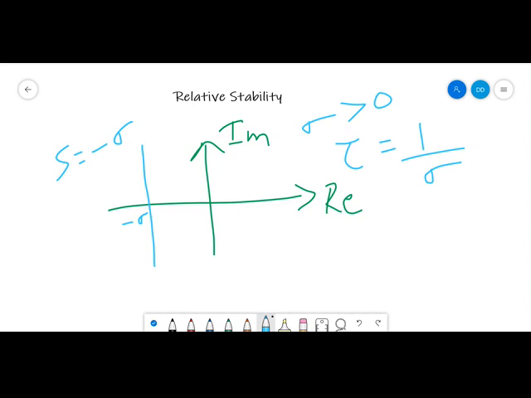So what we do is we substitute S is equal to S cap minus sigma in the characteristic equation, and on a trial and error basis we find the minimum distance of the roots from the imaginary axis and hence the largest time constant associated with the system.